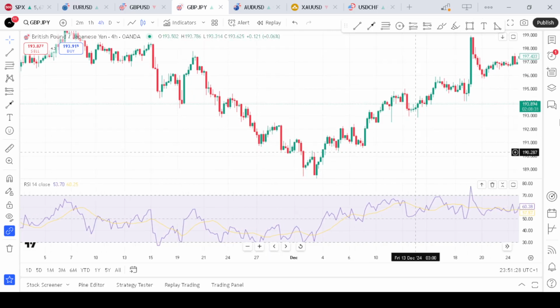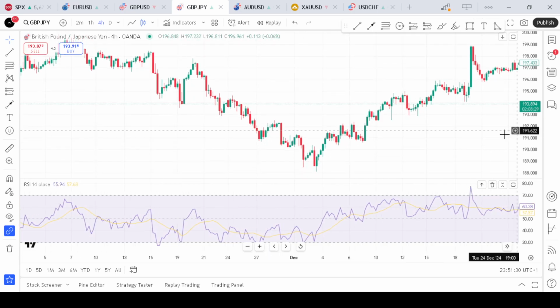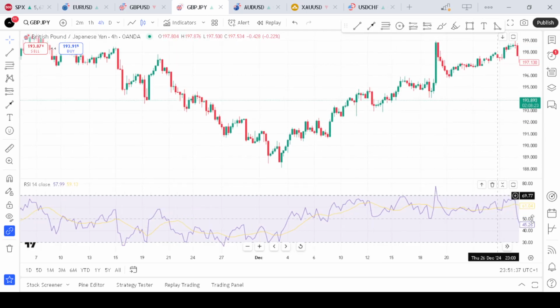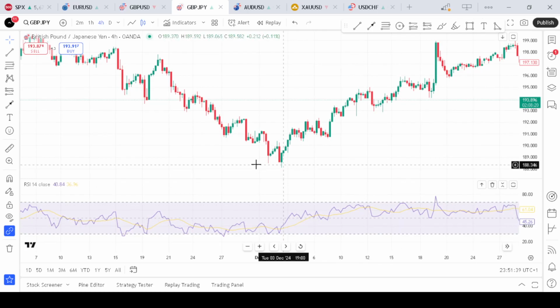This adjustment helps you filter out false signals and focuses on extreme price movements that are more likely to lead to reversals. So if you feel that you need to adjust it, you can use 80 as your overbought and 20 as your oversold. This is basically what it means.